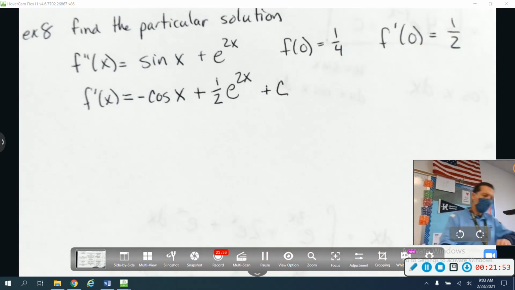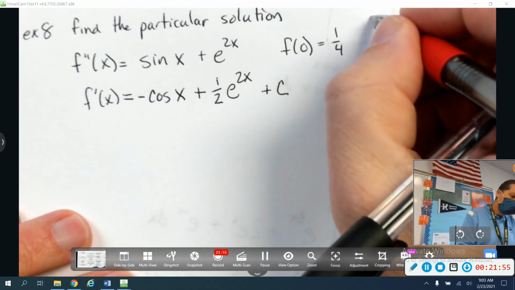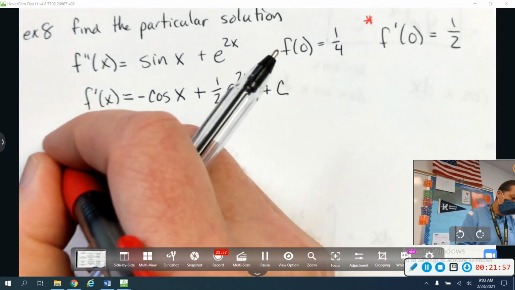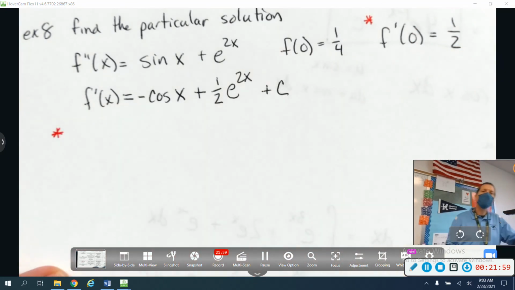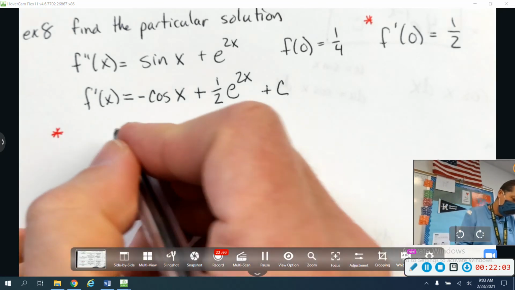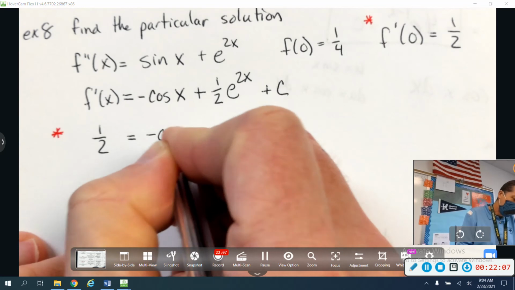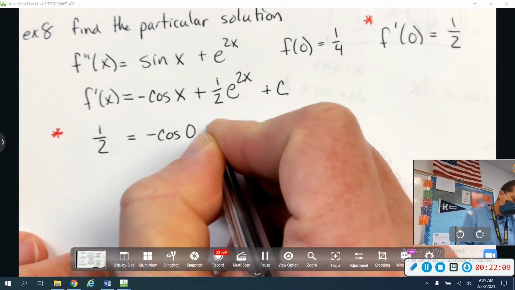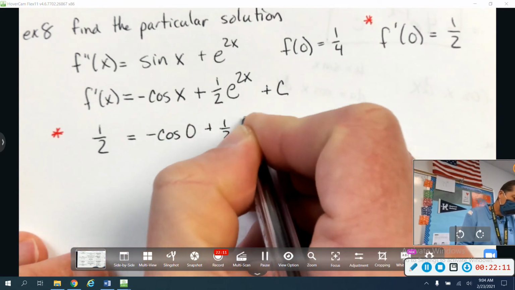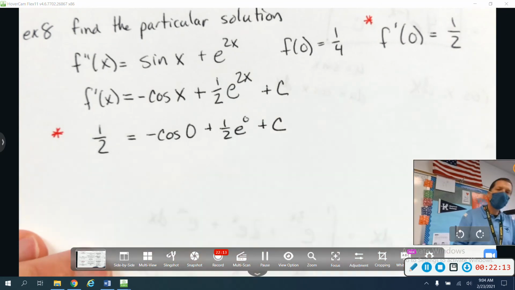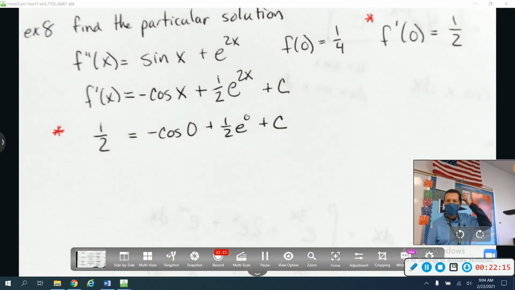And so we'll use the first derivative solution to figure out what c is. So the answer is 1/2 equals negative cosine of 0 plus 1/2 e to the 0 plus c. Man, look at all the stuff you got to know in this one.